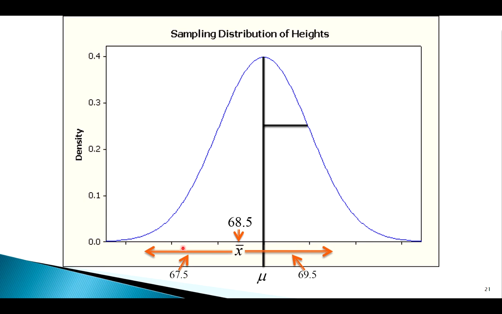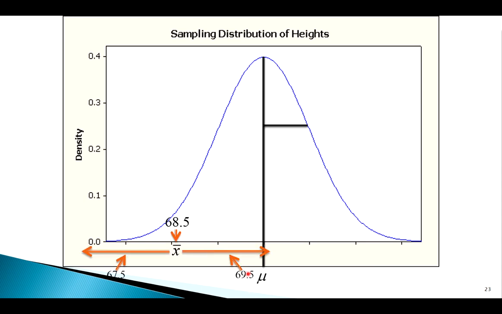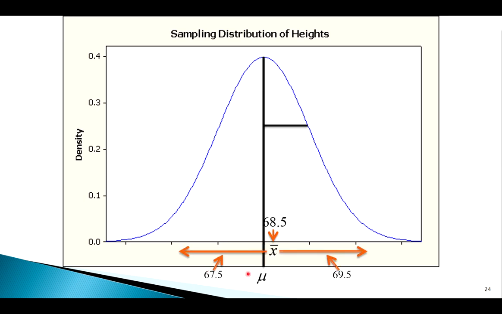So if I make this interval from 67.5 to 69.5, even if 68.5 is a little bit less than the actual value of mu there in the center, mu is still included in this interval. Or if 68.5 is a little bit more, mu is still included in this interval. If it's a little bit less, it's still included in the interval.